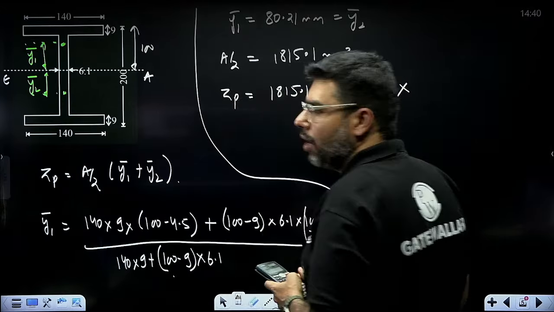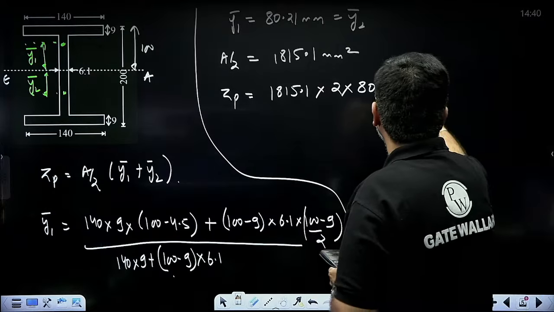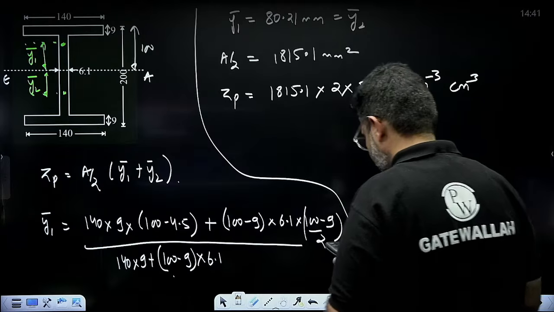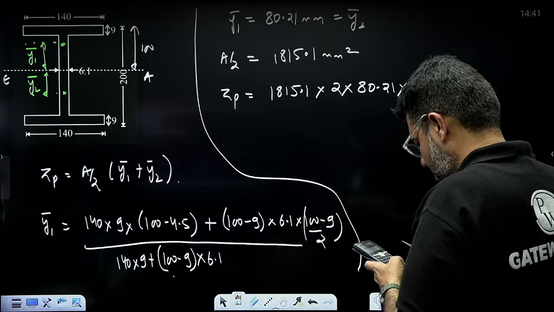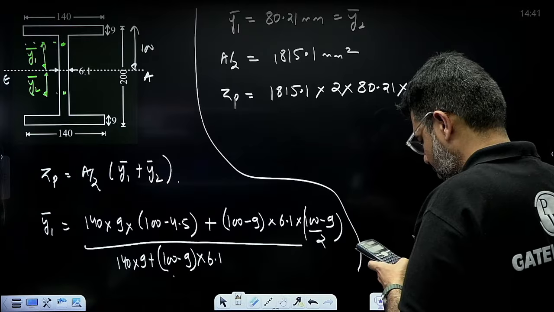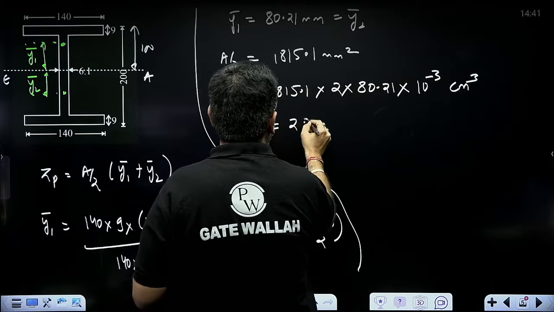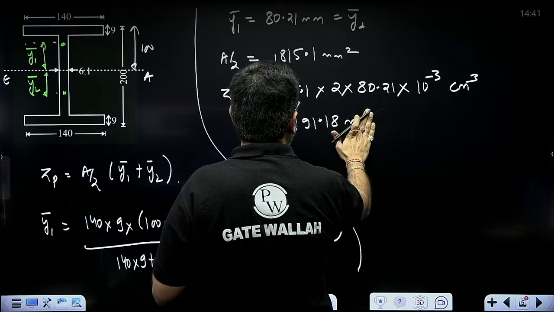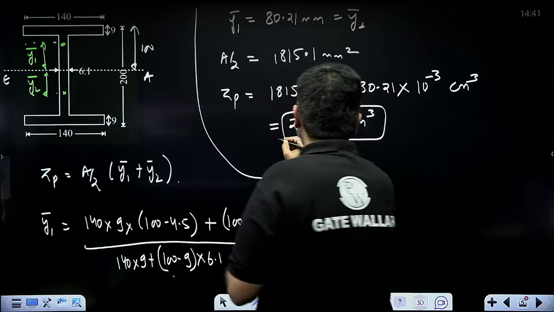This will come out in mm cube. Convert it into centimeter cube by 10 to the power minus 3. So 291.18 centimeter cube is my ZP here. That is the plastic section modulus.